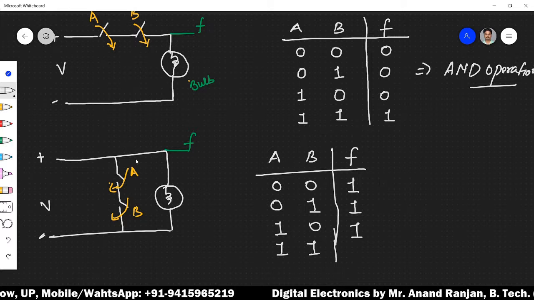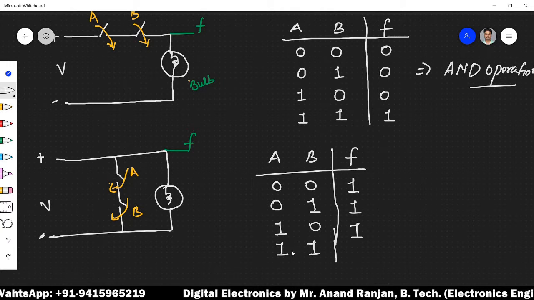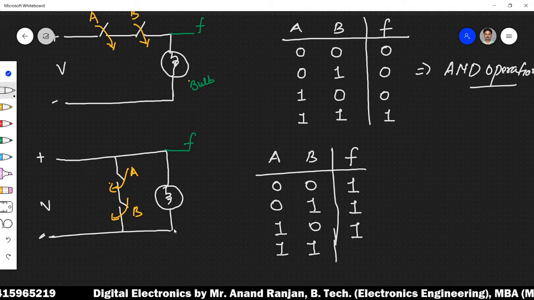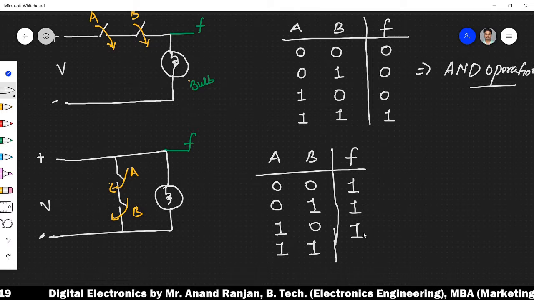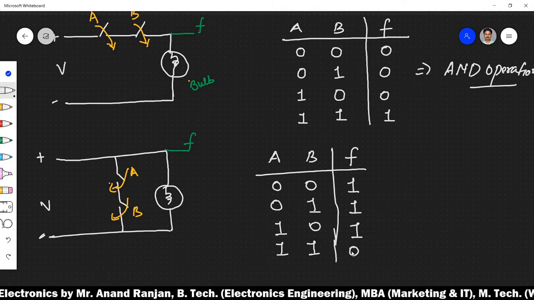There will be no current in this branch. In that case, when both the switches are closed, there will be no current flow across the bulb and the bulb will not glow. So we will mark this as 0.